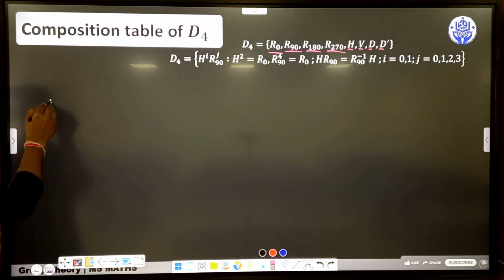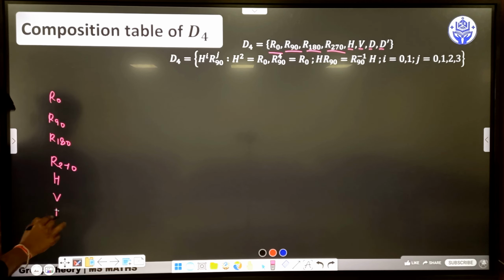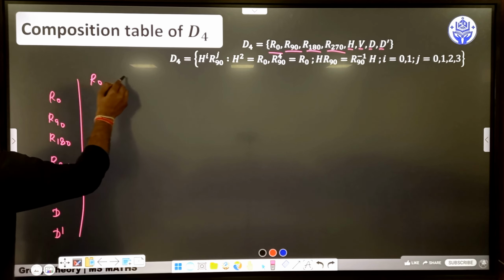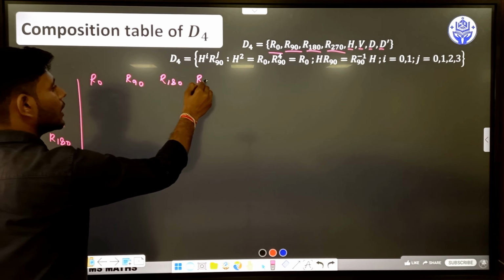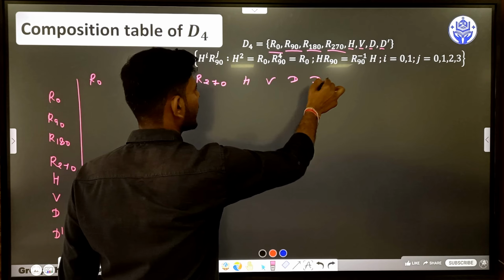Now what is the composition table? Write R0, R90, R180, R270, H, V, D and D dash along the rows, and the same along the columns.